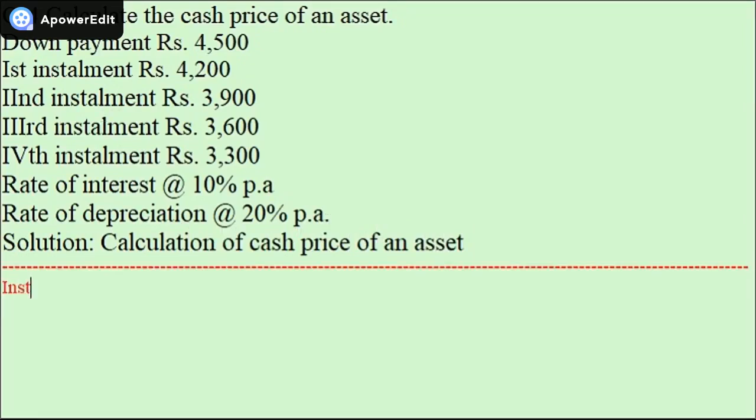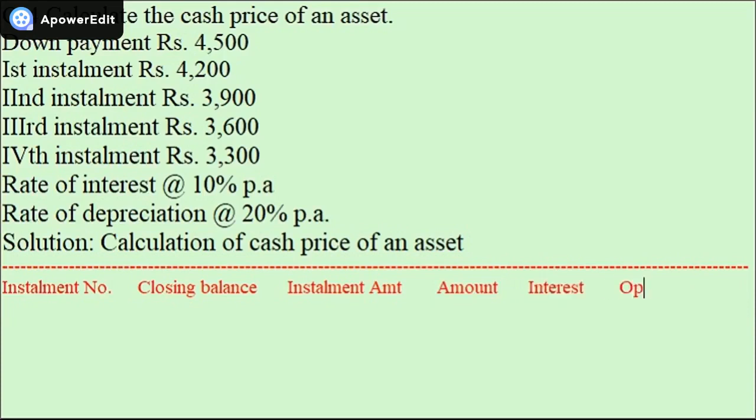Columns: closing balance, installment amount, interest, opening balance. It is known as principal.